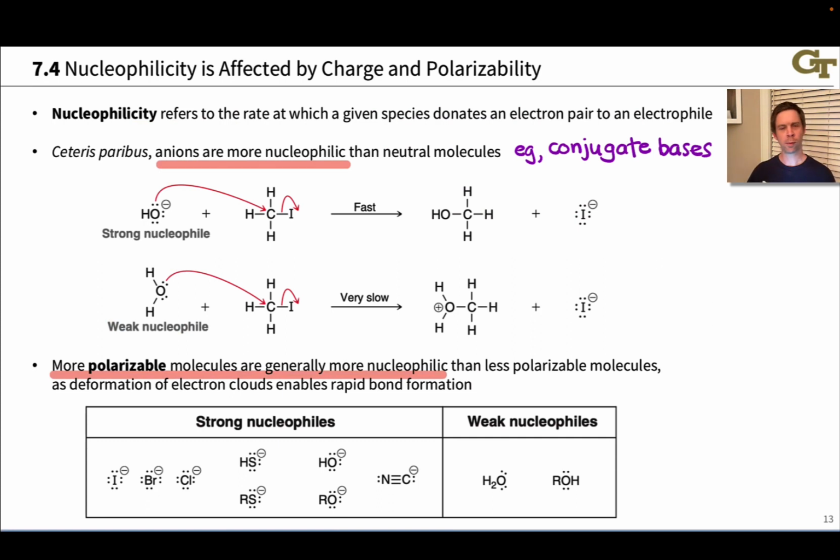The more deformable that cloud is, the faster the SN2 reaction is. This leads to some interesting situations where, for example, RS- is a strong nucleophile. Even though sulfur is relatively electronegative, it's still a fantastic nucleophile because it's a relatively large anion.